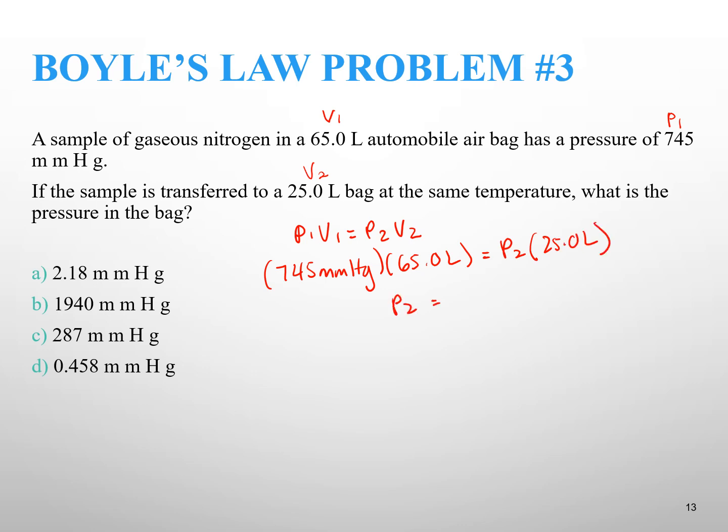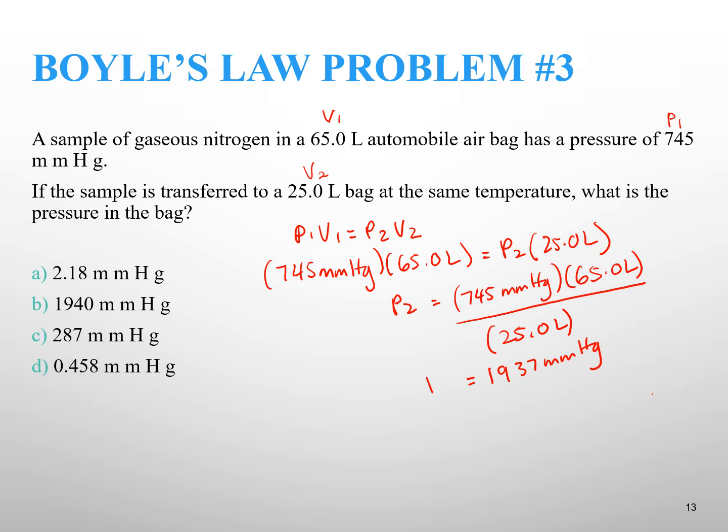On your calculator, you'll have to do 745 millimeters mercury, multiplied by 65.0 liters, and then divide that by 25.0 liters. You should get your answer for P2 in units of millimeters mercury, what we started with. And you get 1937 millimeters mercury. So that's the second pressure. Now, because we only have 3 sig figs, we can round the answer to 1940.